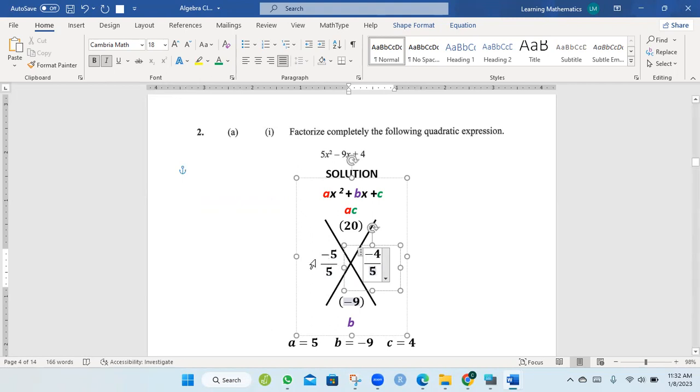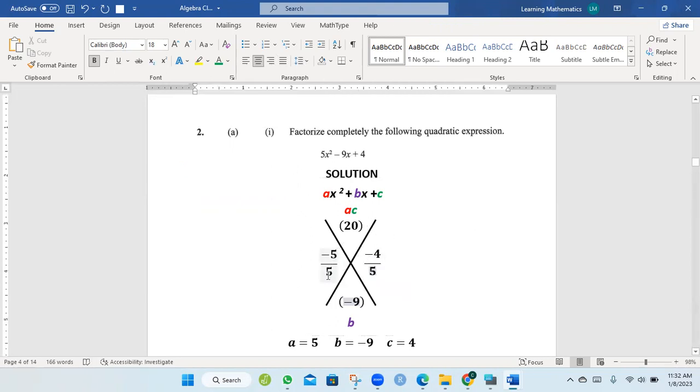Now the next step is to simplify these fractions where possible. Negative 5 and 5 can simplify. If you divide negative 5 by 5, you'll get negative 1, and if you divide 5 by 5, you'll get 1. So this fraction simplifies to negative 1 over 1. But this fraction is already in its lowest term, so it remains as is.